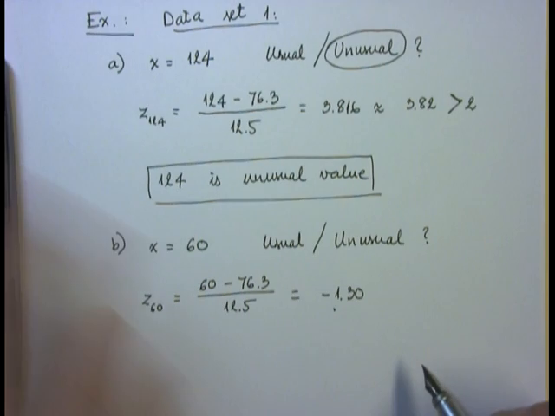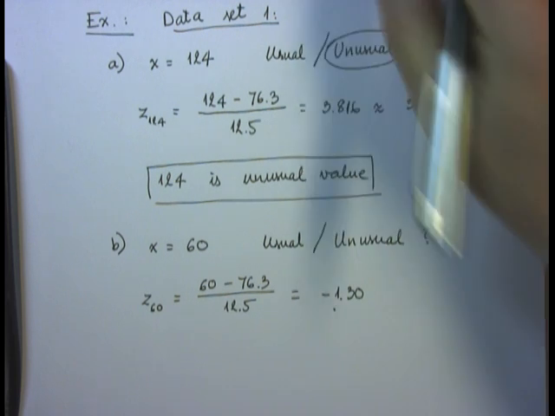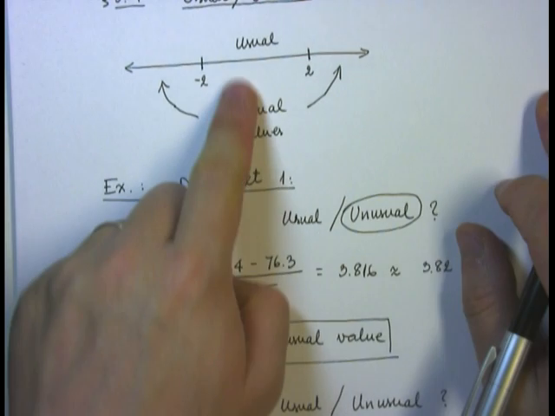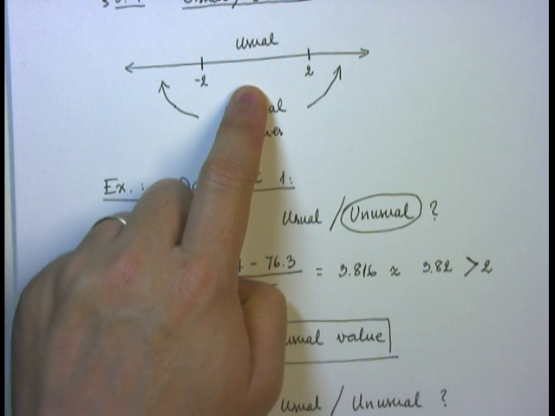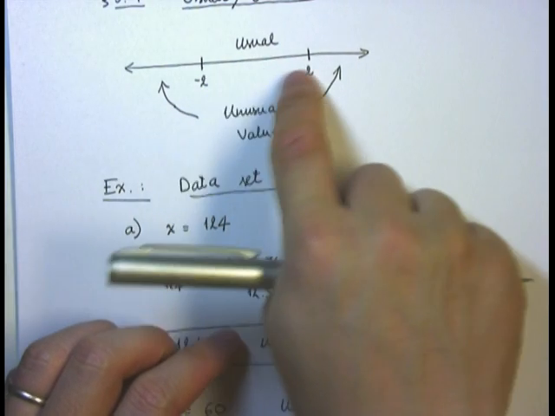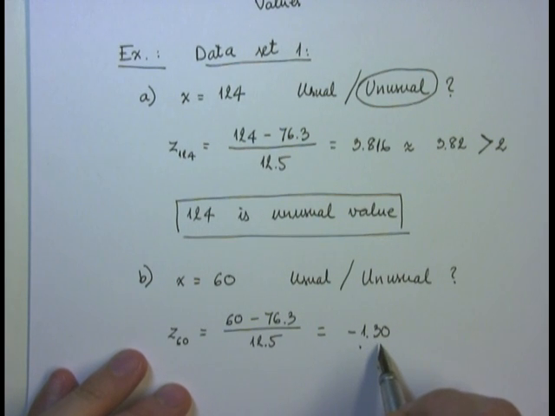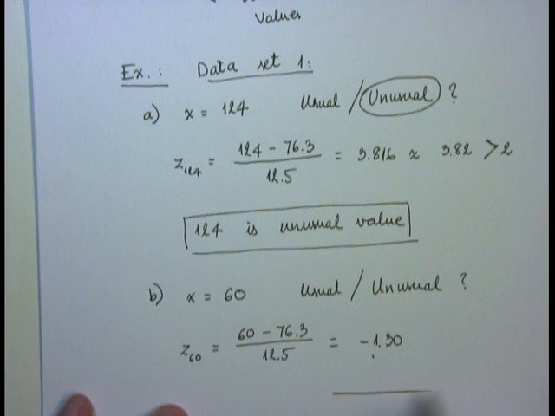Negative 1.30, if you compare to the scale that I gave earlier, is still in between the usual range. This z-score is still between negative 2 and 2, so we're still in a safe range.